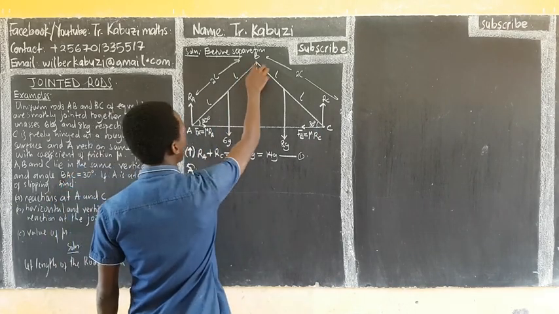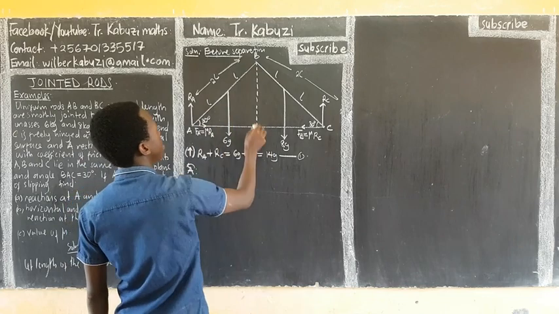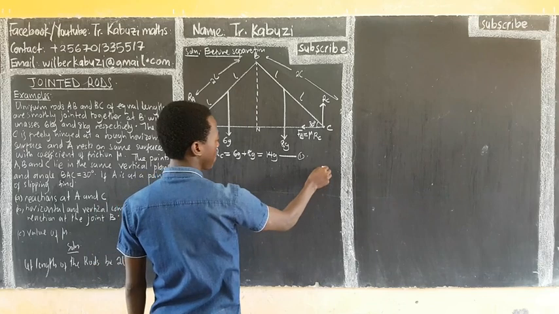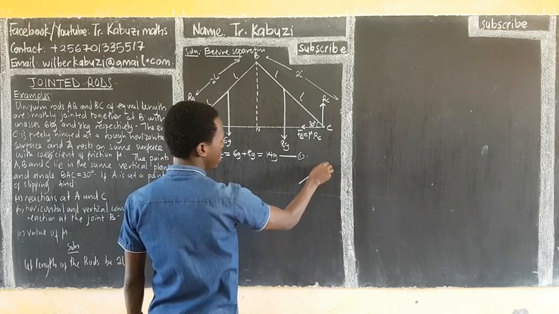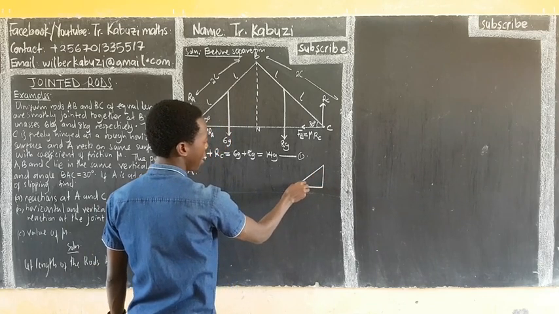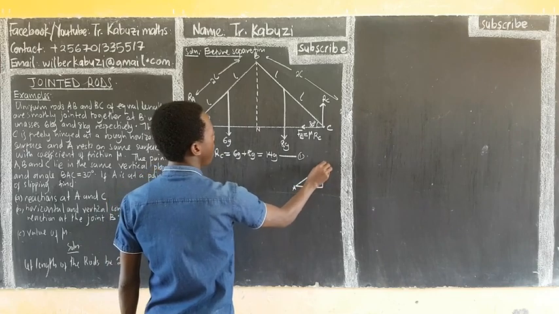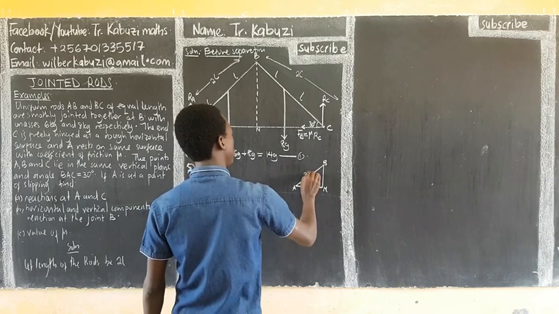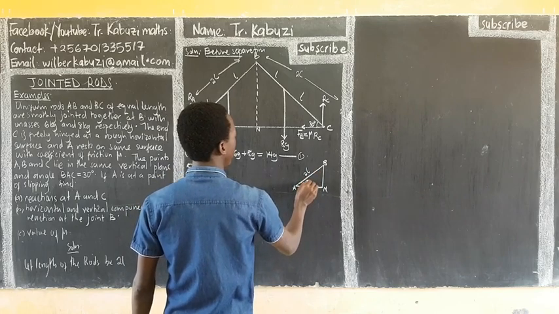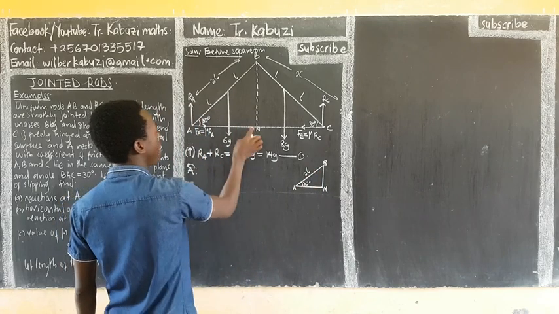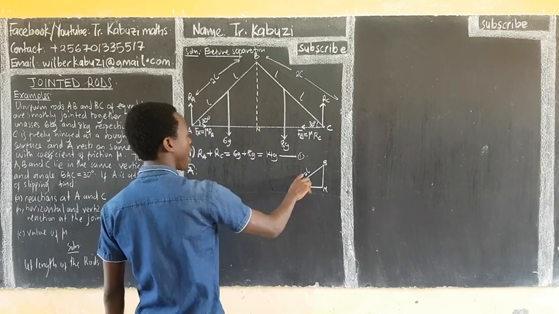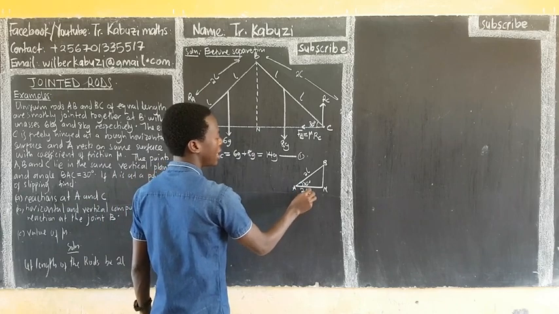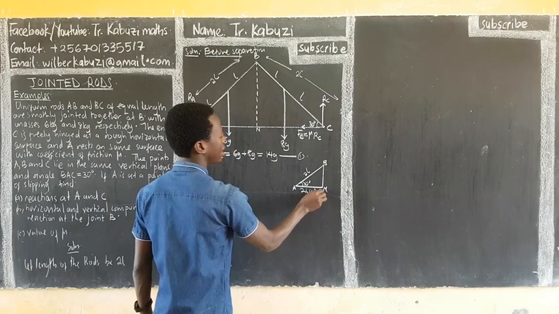If we consider this triangle AB, let me call this one N. If we consider ABN, I think you can see it clearly here. AB is 2L, and this is 30 degrees. Now I want the distance from here up to here. So my AN, because this is adjacent, is going to be 2L cos 30 degrees.